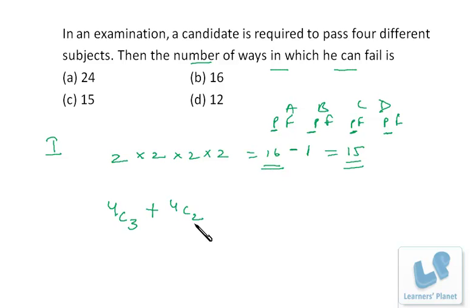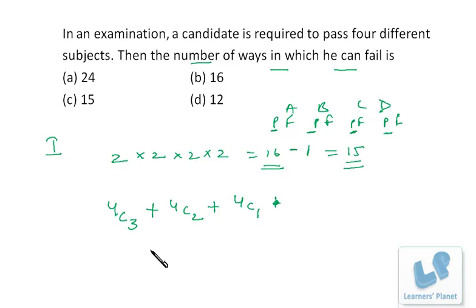The number of combinations is 4C2. Then suppose he fails in 1 subject. The combination is 4C1, that means the subject is either A or B or C or D, so 4 combinations. Or he does not fail at all, but we have to find the number of ways in which he fails. So this is the total calculation that we have to make.